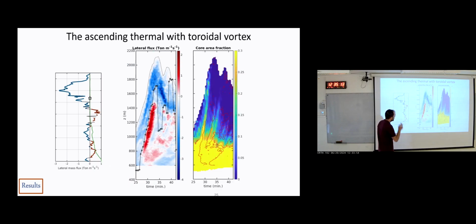And another way to look at it is to ask, what's happening to the core of the cloud? Because we are really interested in how this toroidal vortex can entrain dry environmental air deep into the cloud, since we've seen that turbulent mixing cannot explain it. So this is the core fraction, the core area of the cloud. Yellow means it's the core of the cloud, and the red polygon is around those entrainment regions, and indeed you can see they overlap.